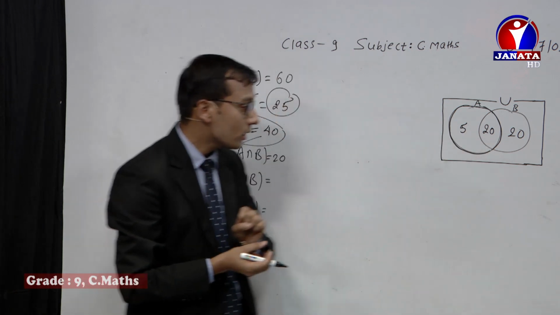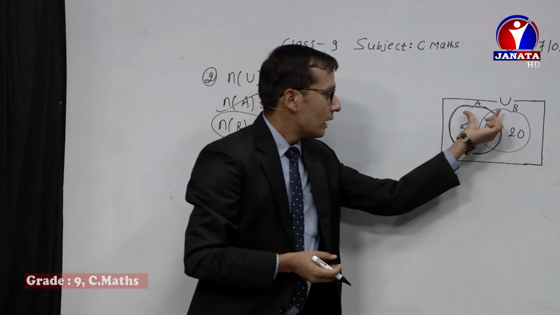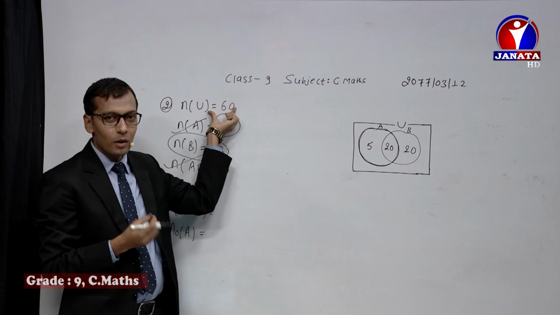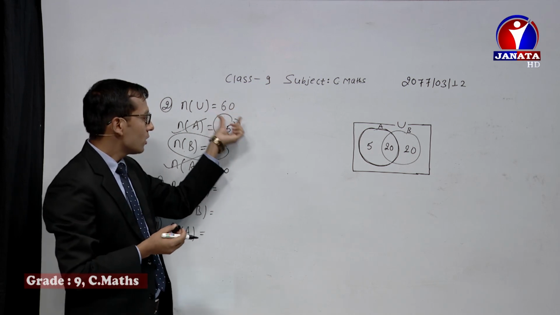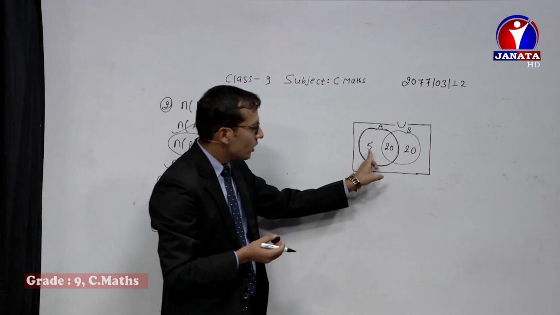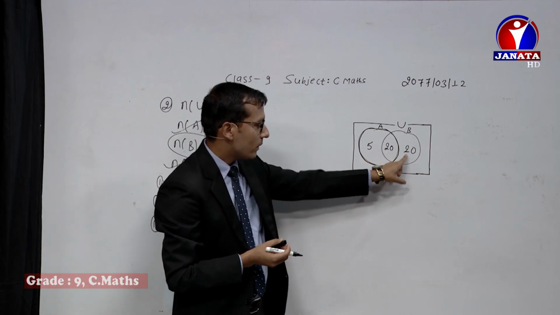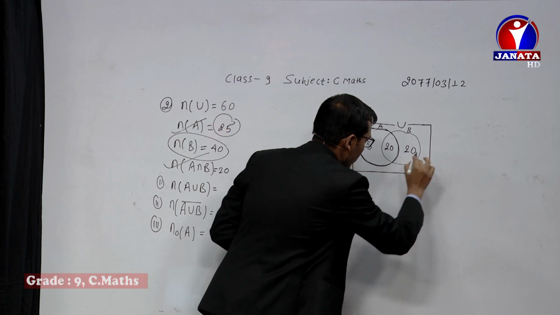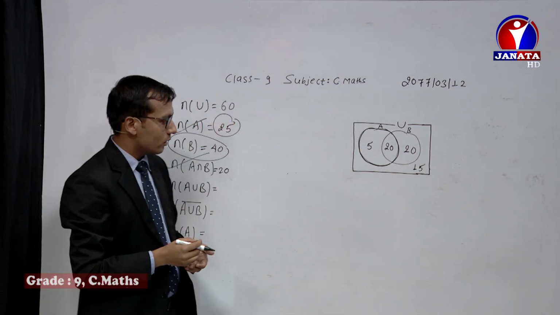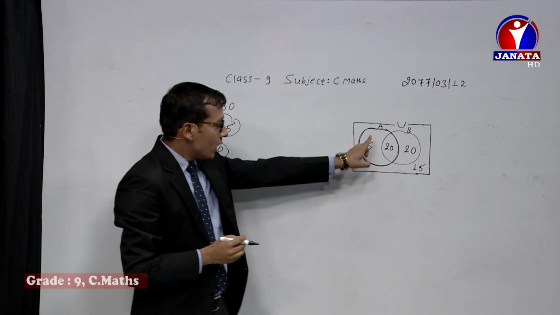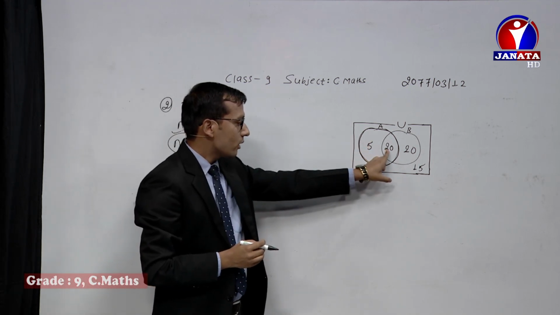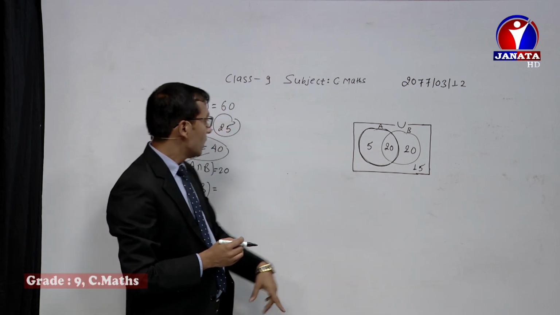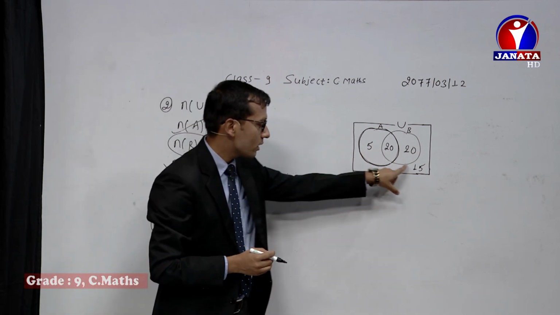So if we deduct 45, n of A union B, from n of U, we can obtain the value of the complement. Let me repeat: the sum of 5, 20 and 20 is 20 plus 20 is 40, plus 5 is 45. So 60 minus 45 is 15.